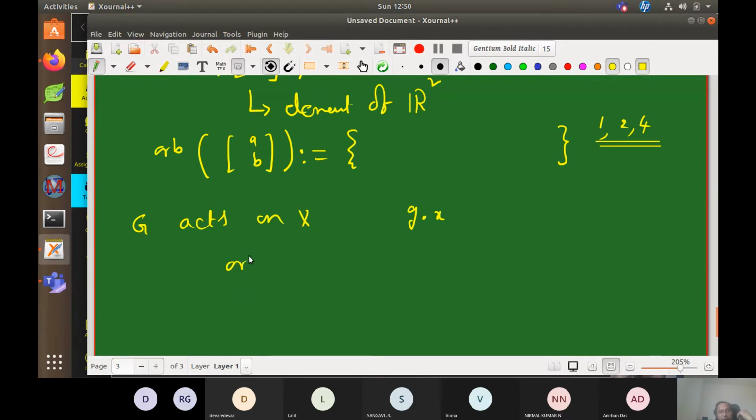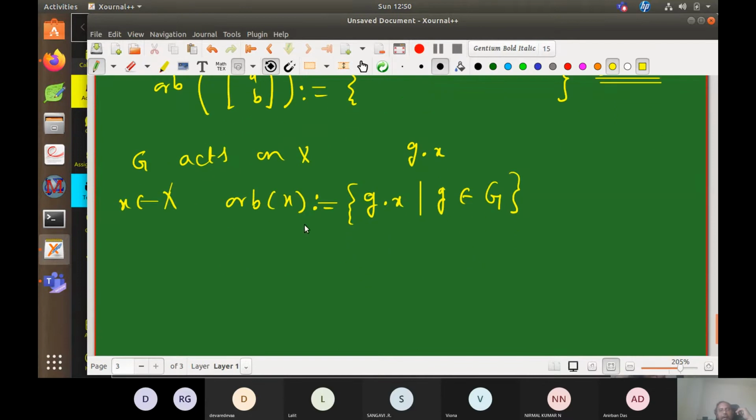Let x belong to X. Then I define the orbit of x as the set of g dot x such that g belongs to G. Keep changing g, and see where this x goes to, what are all the possible places it will go.